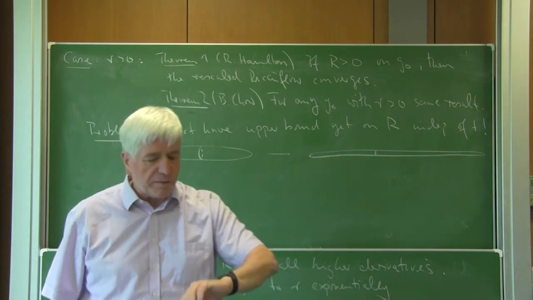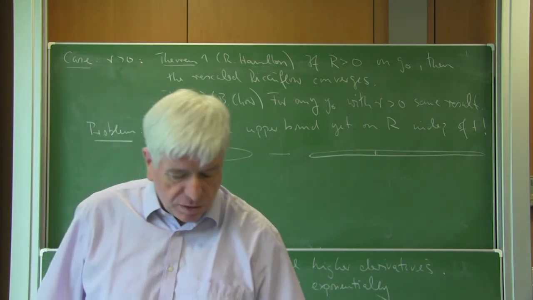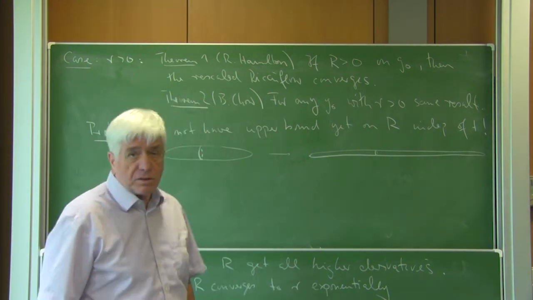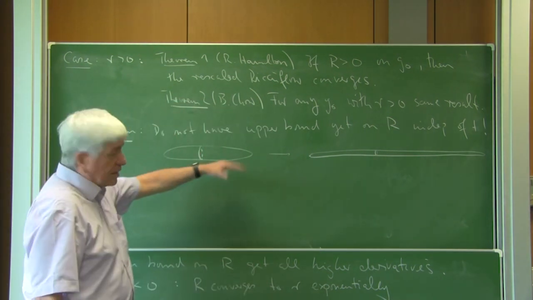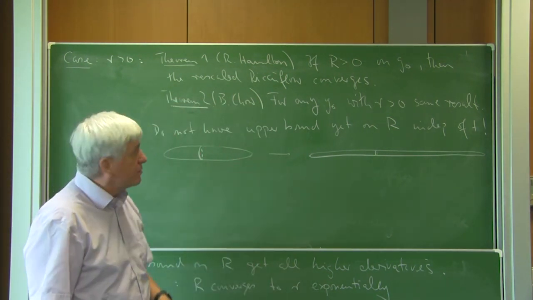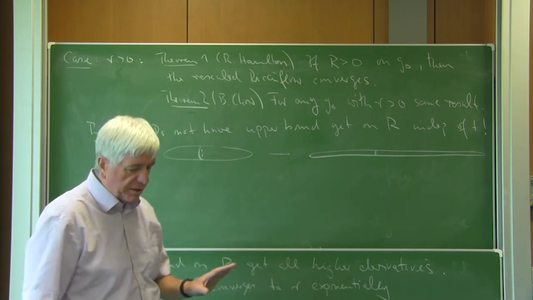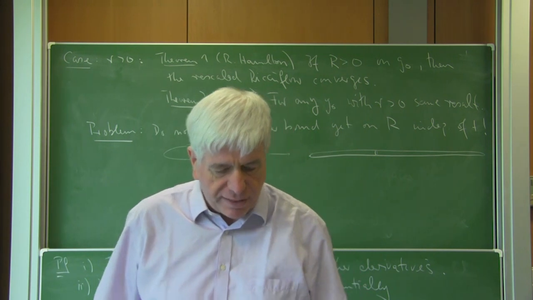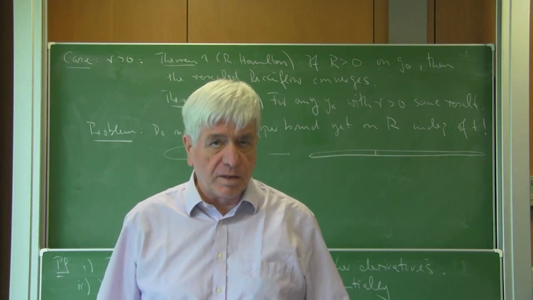Now the easiest way to do that would be to prove a gradient estimate for the curvature. So this is what Hamilton told me he tried to do. He started from the evolution equation for R and tried to prove an estimate for the gradient of the scalar curvature.